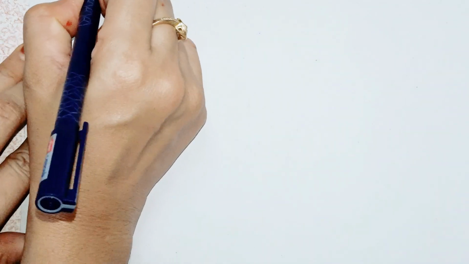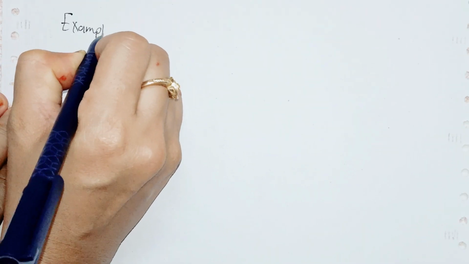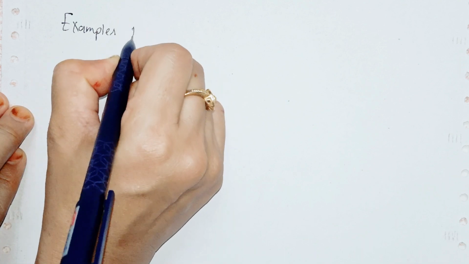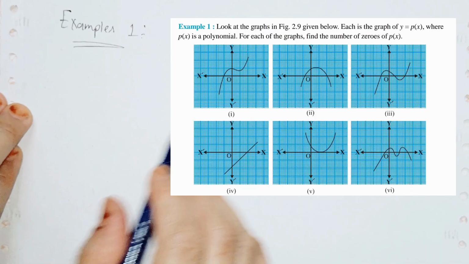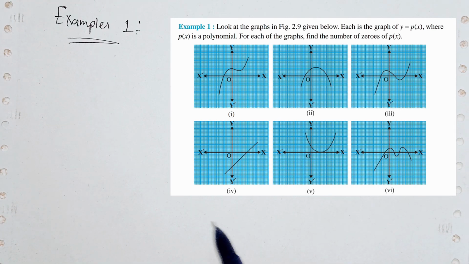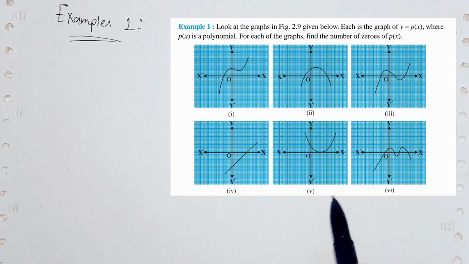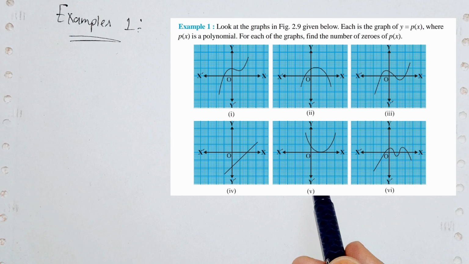Okay, guys, now we'll see the example problem, which is Example 1. So the question is this. Just see the question. Look at the graph in the figure 2.9 given below. Each of the graph of y equal to p of x, where p of x is a polynomial.